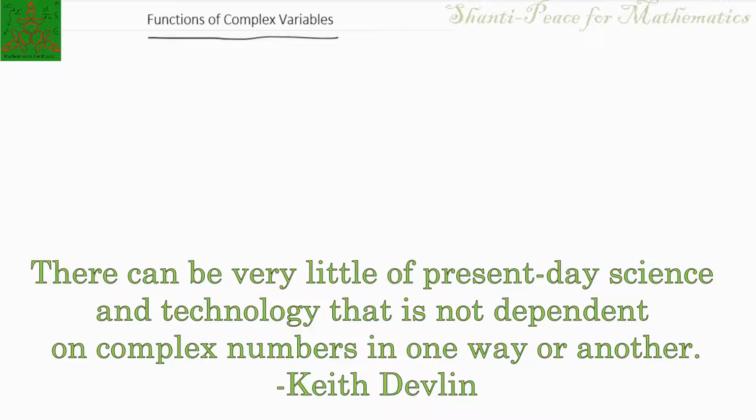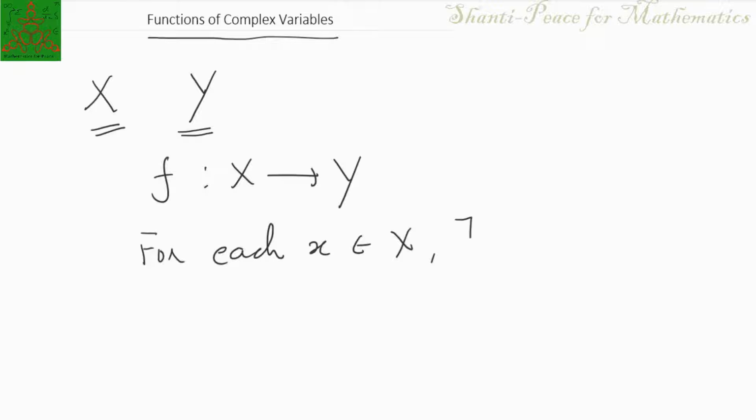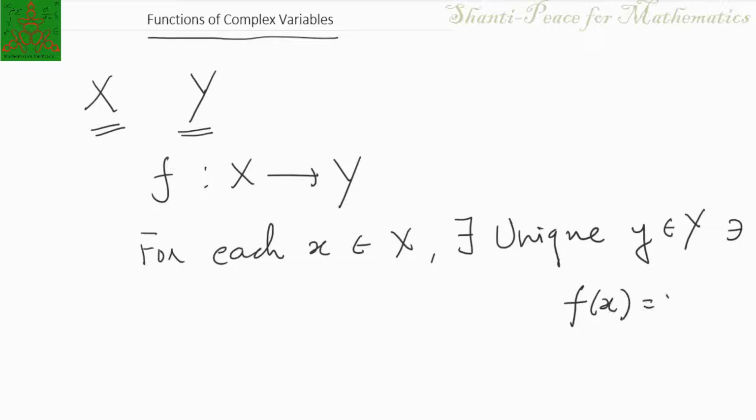Consider two non-empty sets X and Y. The rule of assigning each element of X precisely one element of Y. Whenever this situation arises, we say that f is a function or a map from X to Y. So for each x in X, there exists a unique y in Y such that f of x is equal to y.